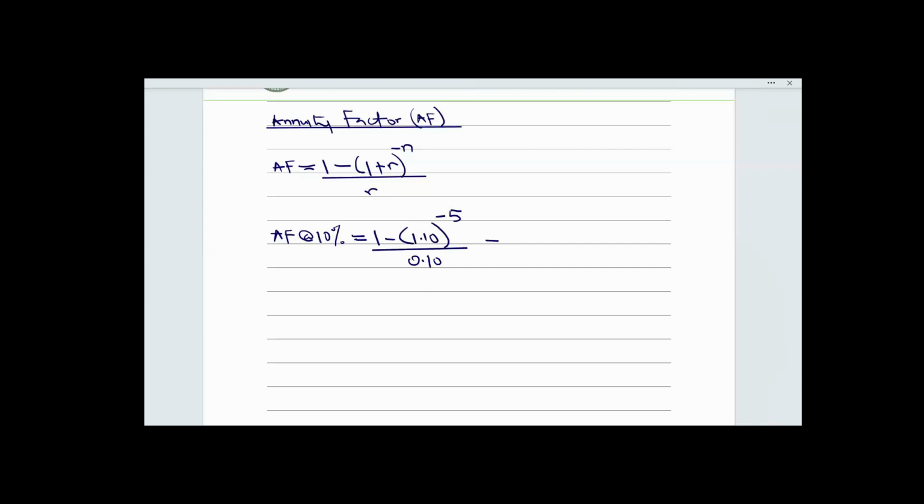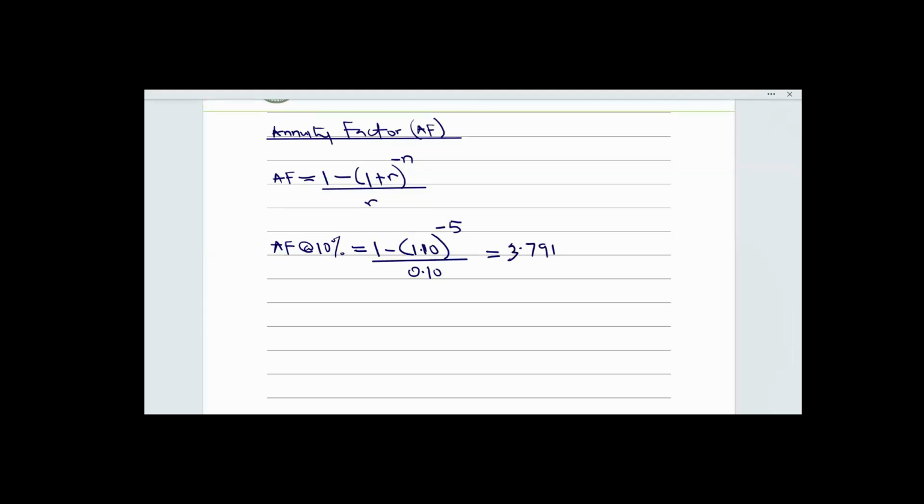The final answer should be equal to 3.791. You just start with the parentheses. Let me show you. Where's my calculator?